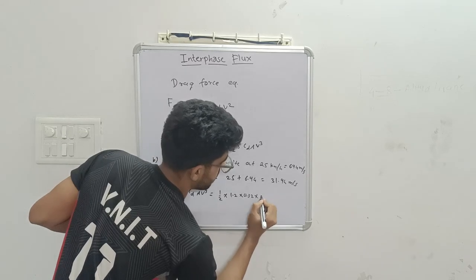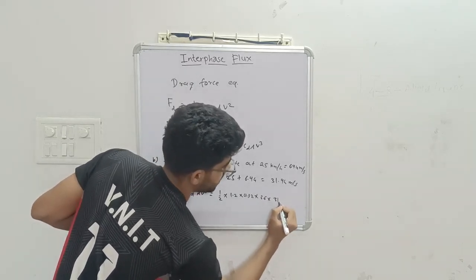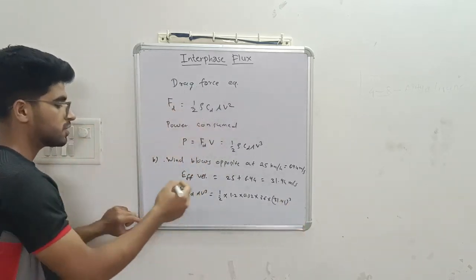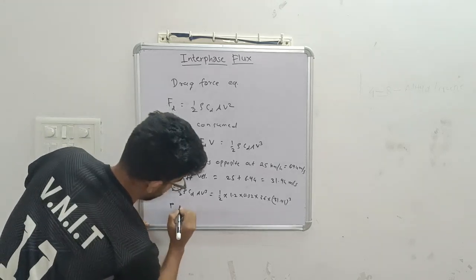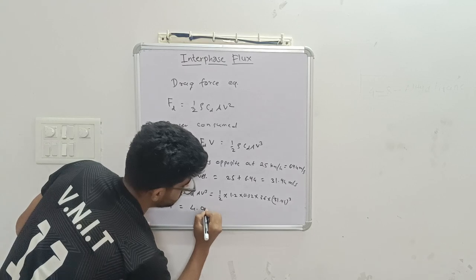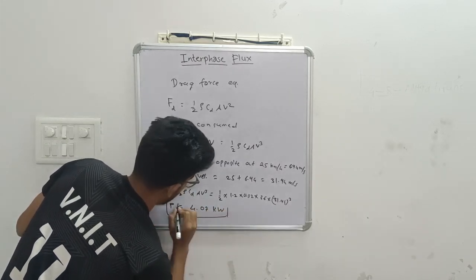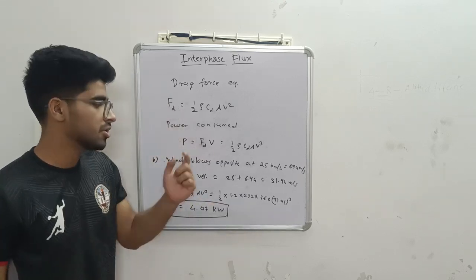Cd area was 3.6 and the new velocity is equal to 31.94. After solving this in the calculator, we are getting power is equal to 4.07 kilowatt. This is your power consumed in case B, where wind blows opposite at 25 km per hour.